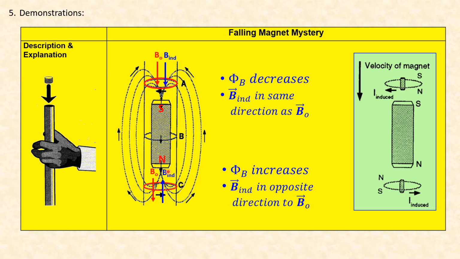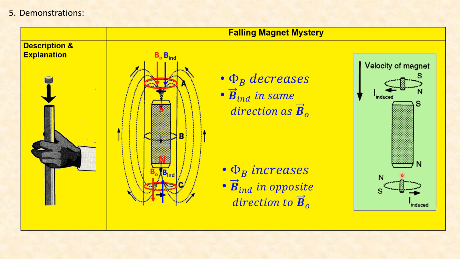Once again, treating this induced magnetic field as a tiny magnet causing that induced field, you can see that the magnet would be oriented this way. In which case, the north pole of the falling magnet would be repelled slightly by the induced magnetic field, which we're treating as a small permanent magnet.